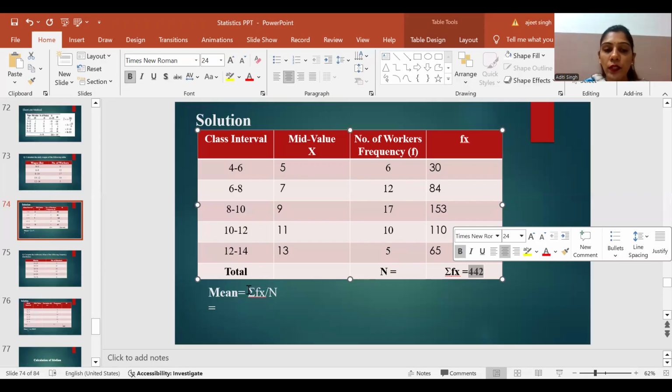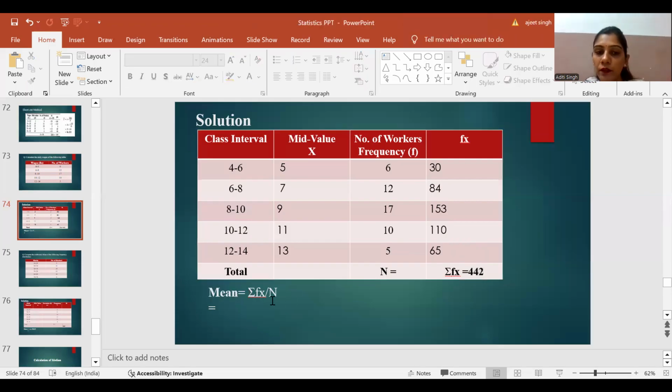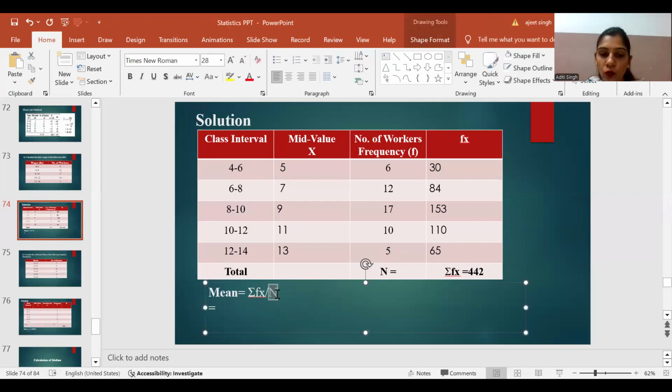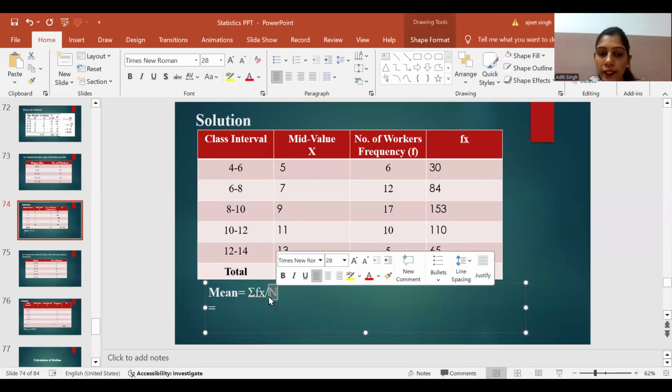Now, the arithmetic mean of a continuous series under the direct method is summation fx upon n, which means sum of fx divided by the number of items.